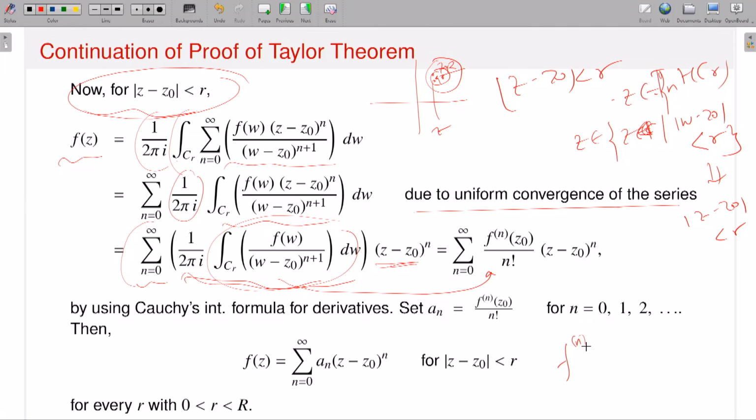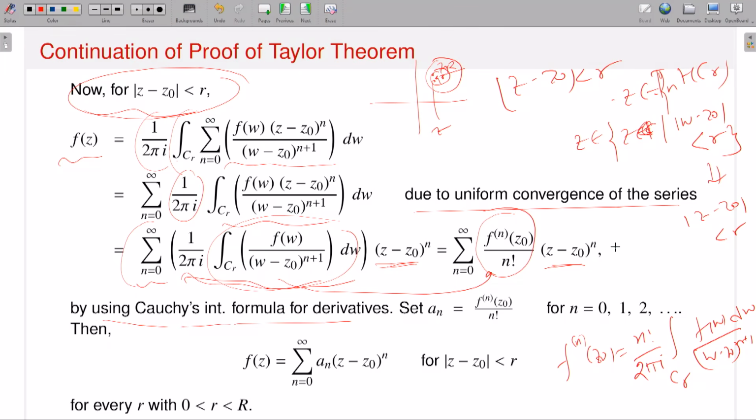If you remember, f^(n) of Z0 is n factorial divided by 2 pi i times the integration over CR of f of W divided by (W minus Z0) to the power n plus 1 dW. So 1 by 2 pi i is there, and 1 by n factorial is missing. So this object is nothing but f^(n)(Z0) divided by n factorial.